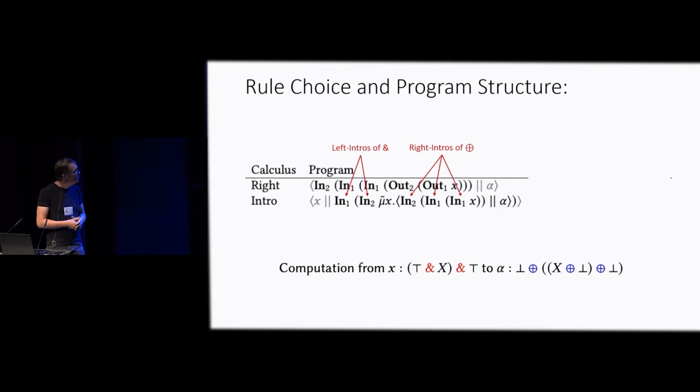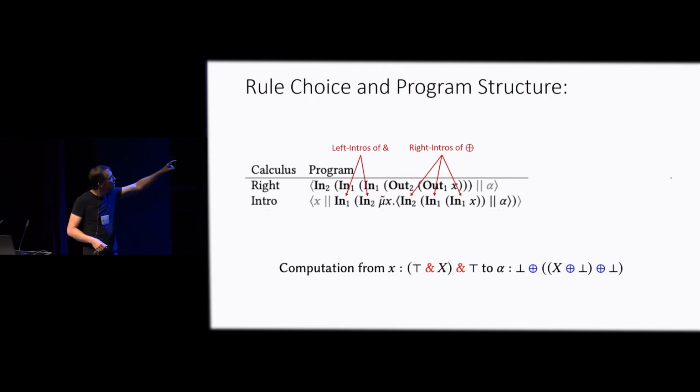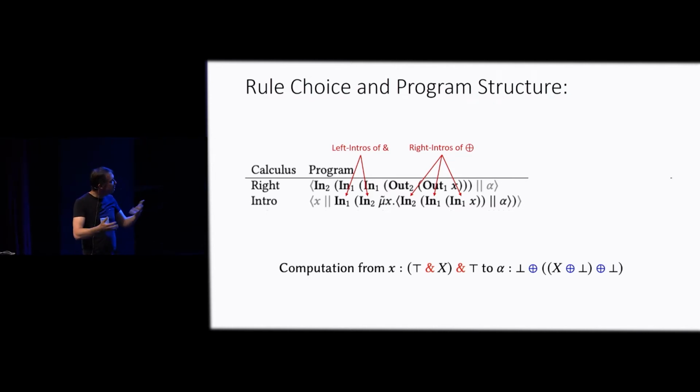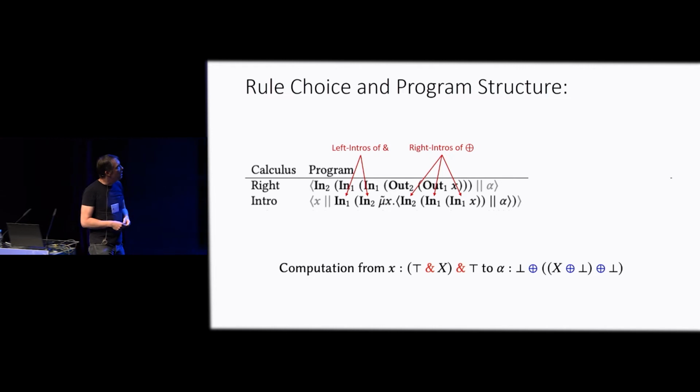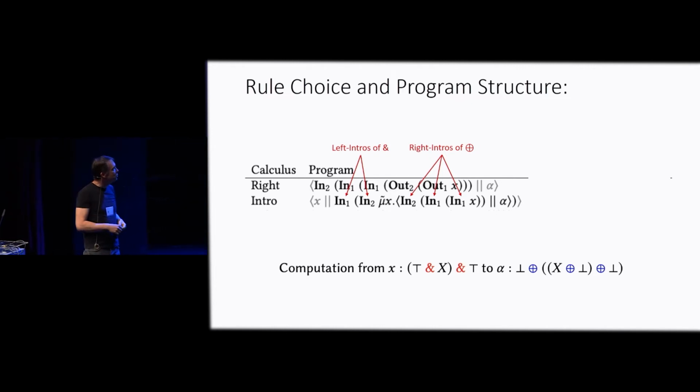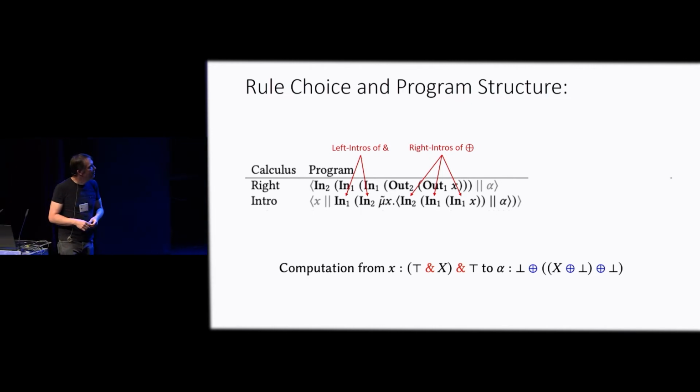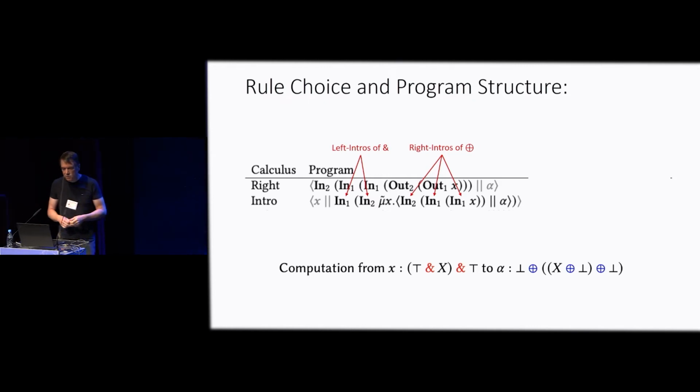These are the consumers of the X, and then inside, you can't see the cursor, inside we need to reify the currently consumed value using this mu tilde operator, which gives the name to the currently consumed value, and then we can use the right introduction rules of the sum to construct the result and send it to alpha.